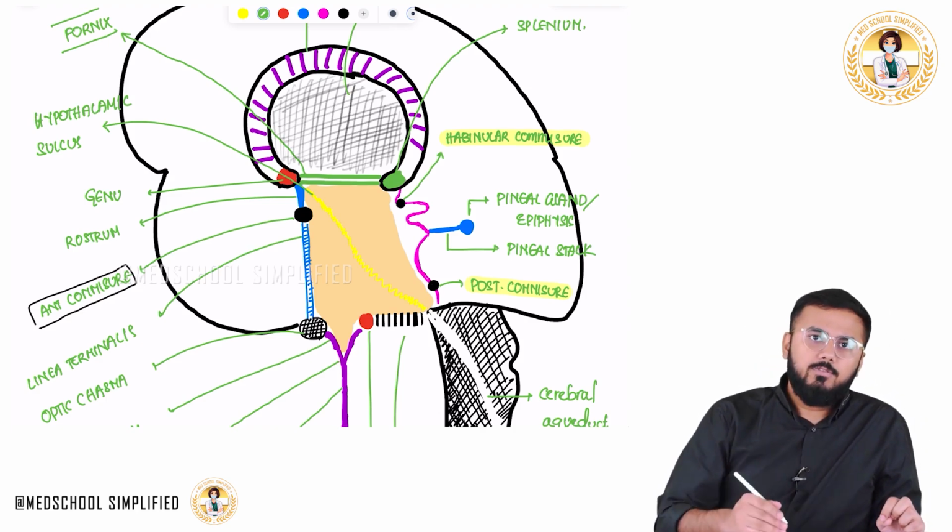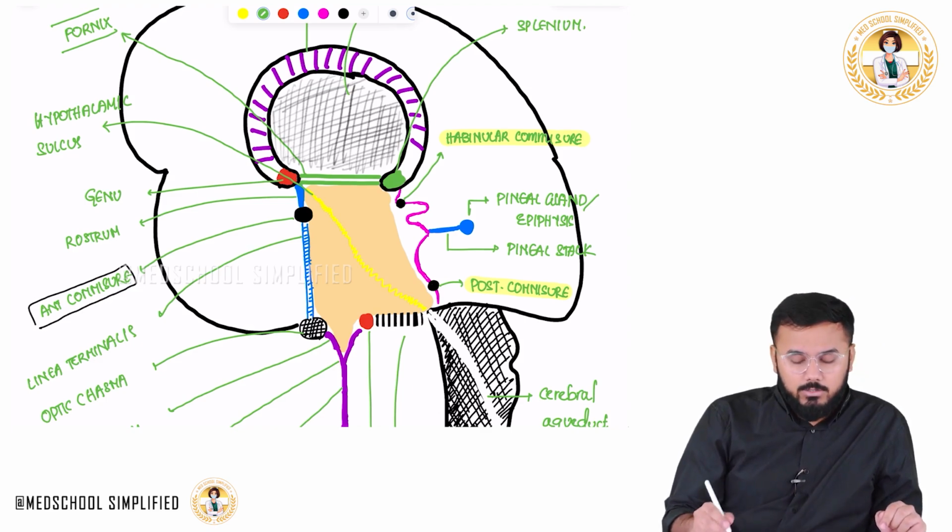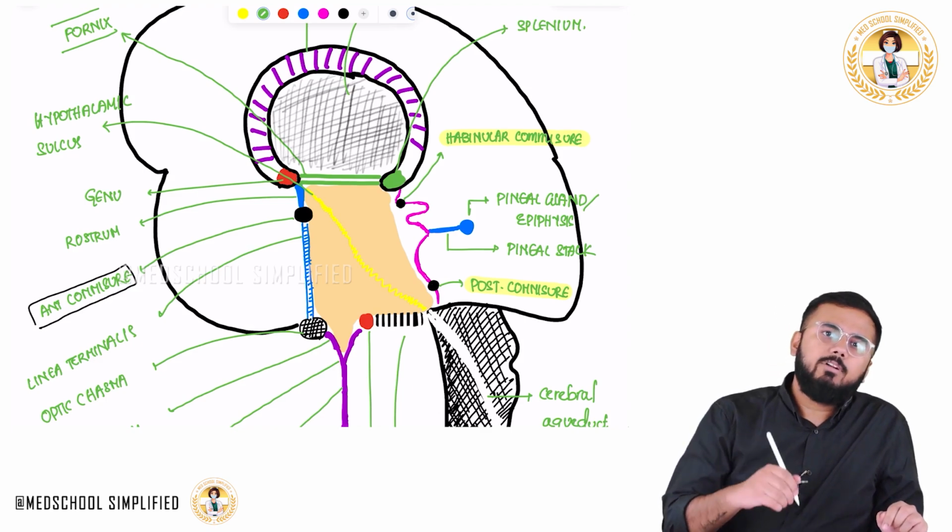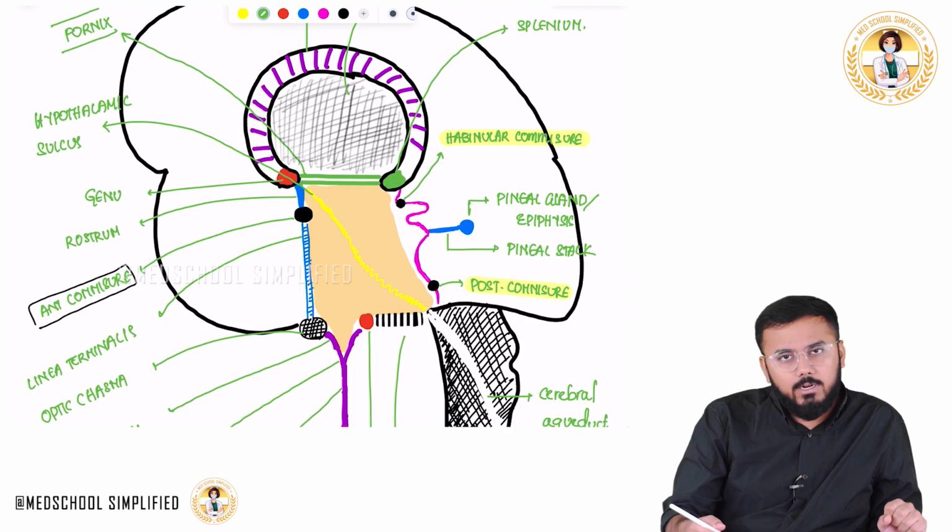The hypothalamic sulcus is dividing the diencephalon. So this is the diencephalon. The cavity within the diencephalon is called the third ventricle, you know that.